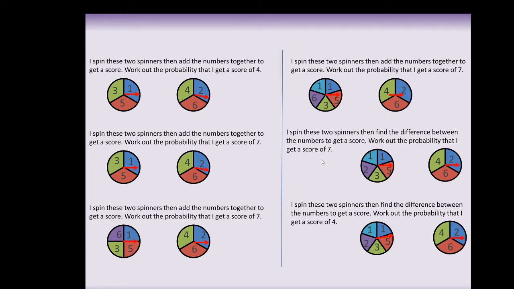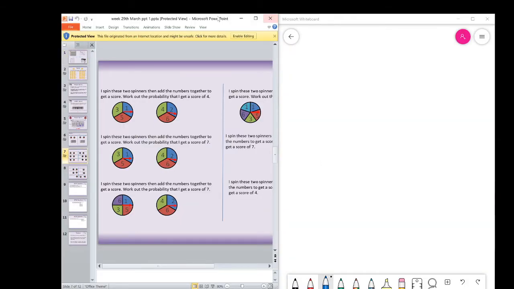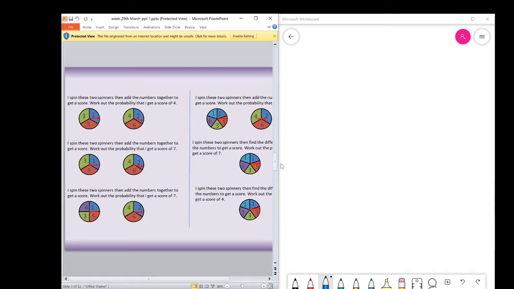Okay, so to go through these questions, I've got to just do this because it's not letting me write. So I spin these 2 spinners and then add up the numbers, work out the probability I get a score of 4. Spinner 1, I've got the option of 1, 3 and 5. Spinner 2, I have the options of 2, 4 and 6.